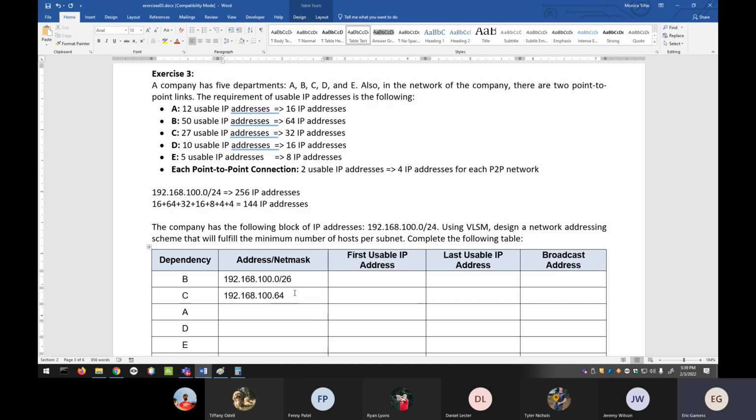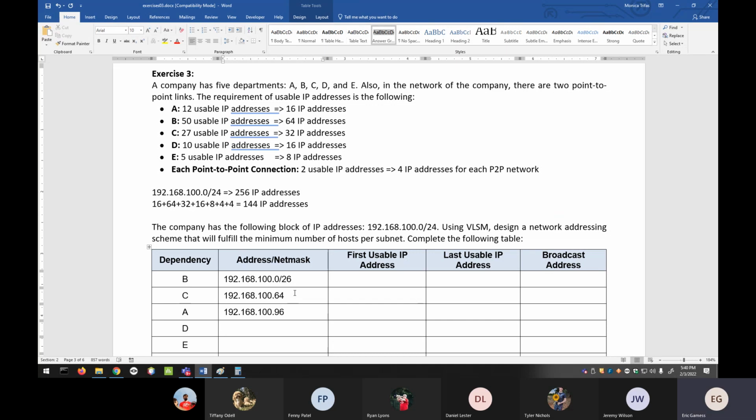C will start in 64. If C has 32 IP addresses, A will start where? It will start where? 96. Why 96? 64 plus 32.